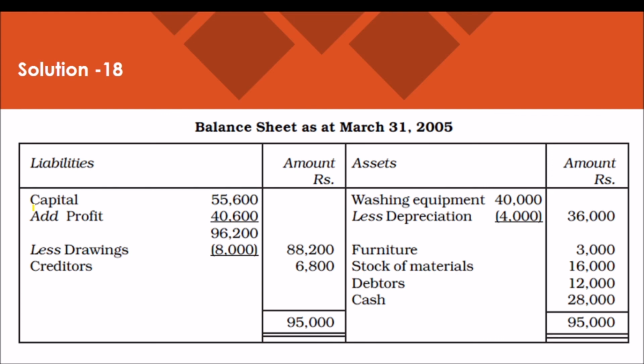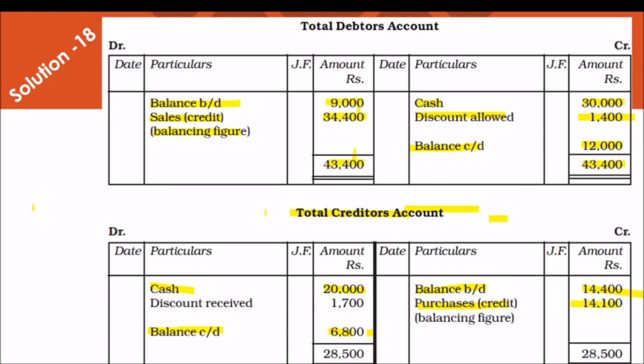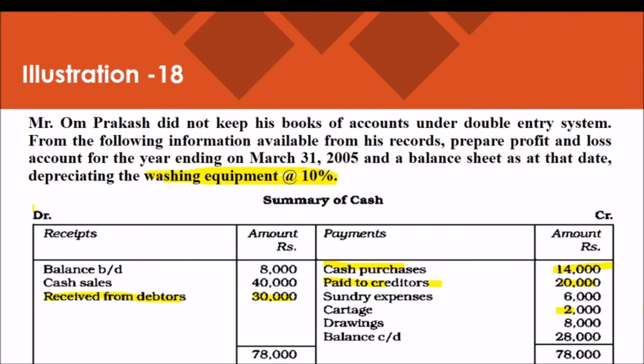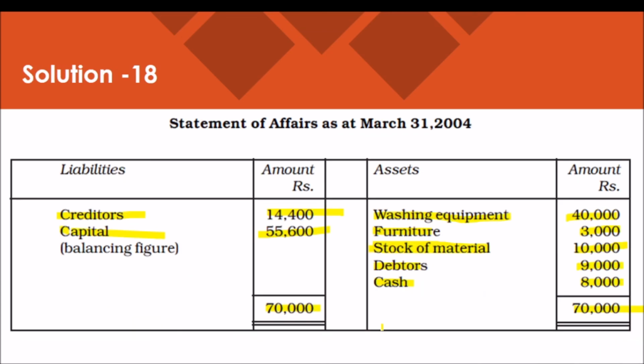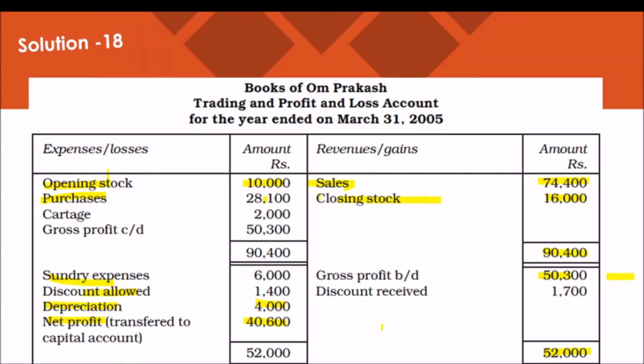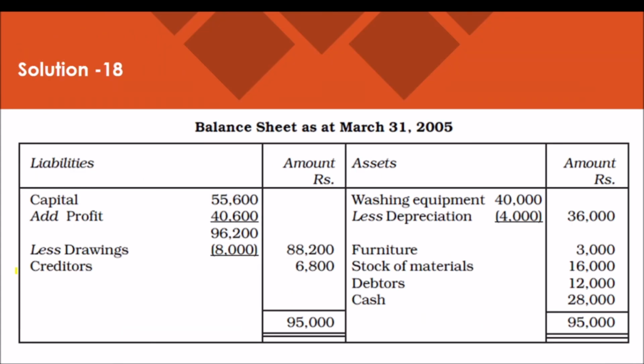And one more item is there in the summary of cash. In the credit side, there is one item, drawings, that will be shown in the balance sheet as a deduction. In the capital, it will be deducted, less drawings 8,000.